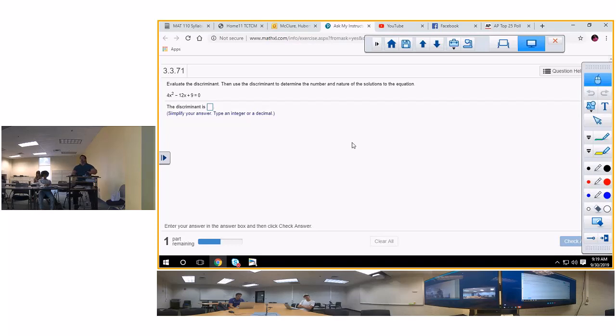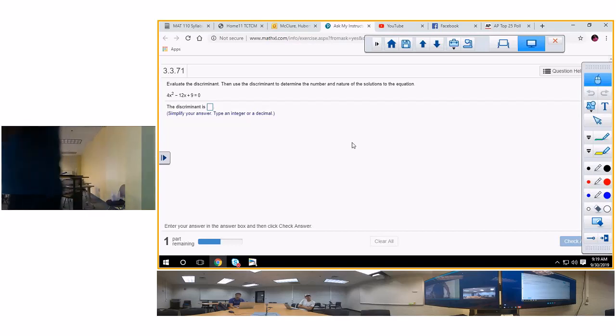Now, I don't care what the directions say because we're going to do the whole thing. If you can do the whole thing with these problems, then you can do anything they ask for. Okay? Now, since I'll stop where the discriminant comes out, I'll highlight that and say, okay, this is a discriminant. But let's go ahead and get started. It's 4x squared minus 12x.